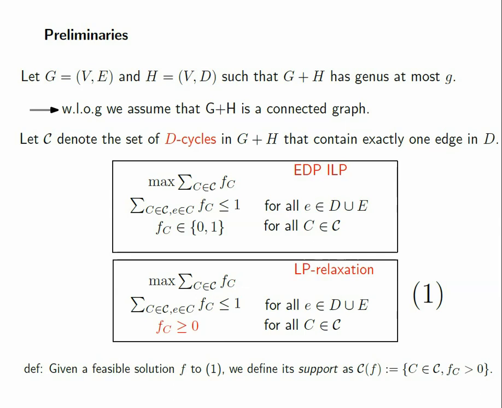You will see later that it's convenient to work with cycles because sets of cycles on surfaces have a lot of interesting properties. Let's now look at the fractional relaxation of this LP, where D-cycles can be selected fractionally. Given a feasible fractional solution f of this LP, its support will refer to the set of all D-cycles that have positive value.